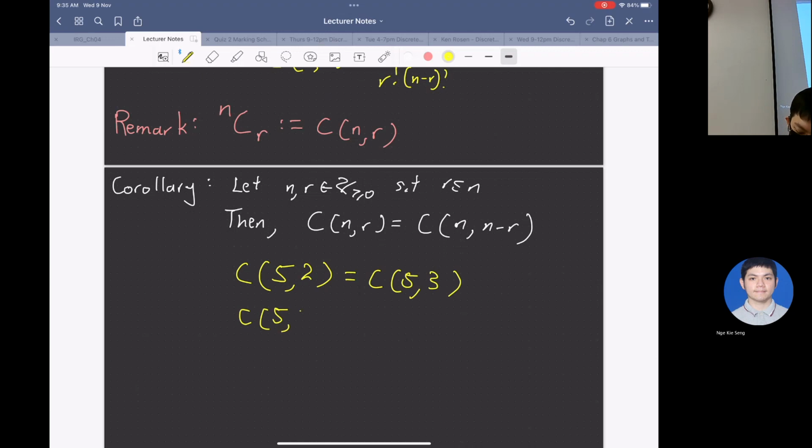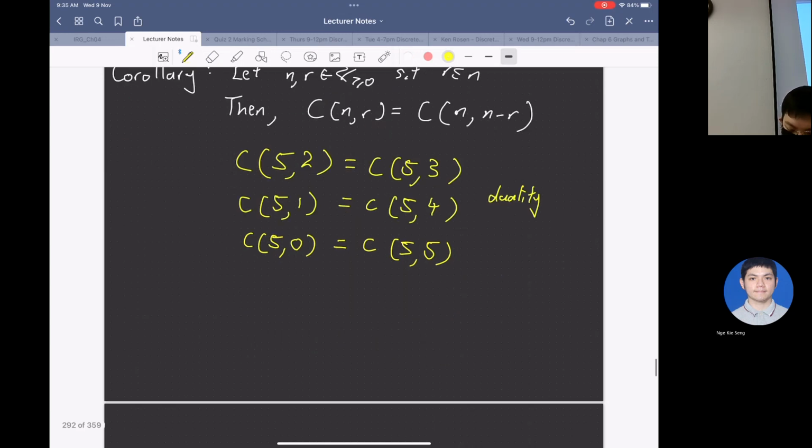And then C(5,1) is equal to C(5,4). Then C(5,0) is equal to C(5,5). So this is something we call a duality.